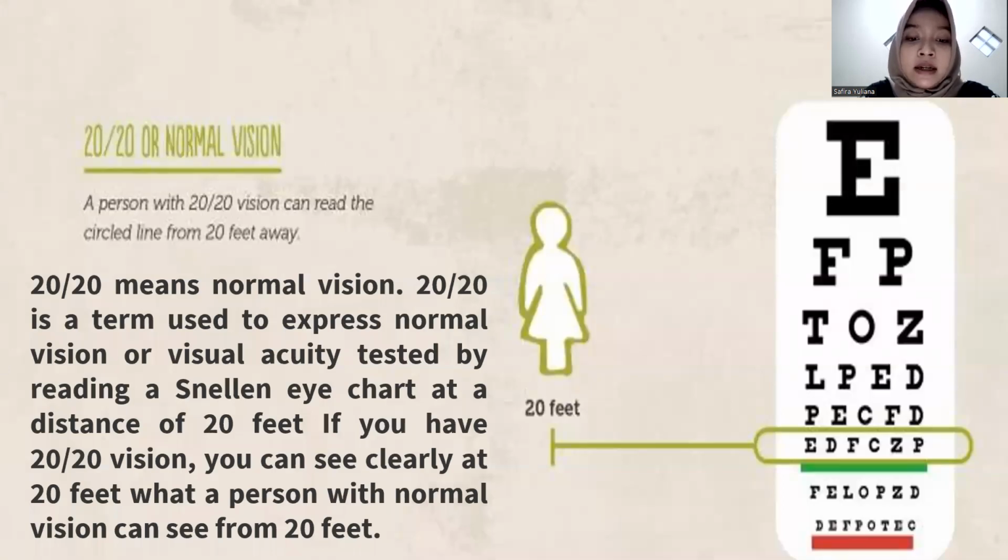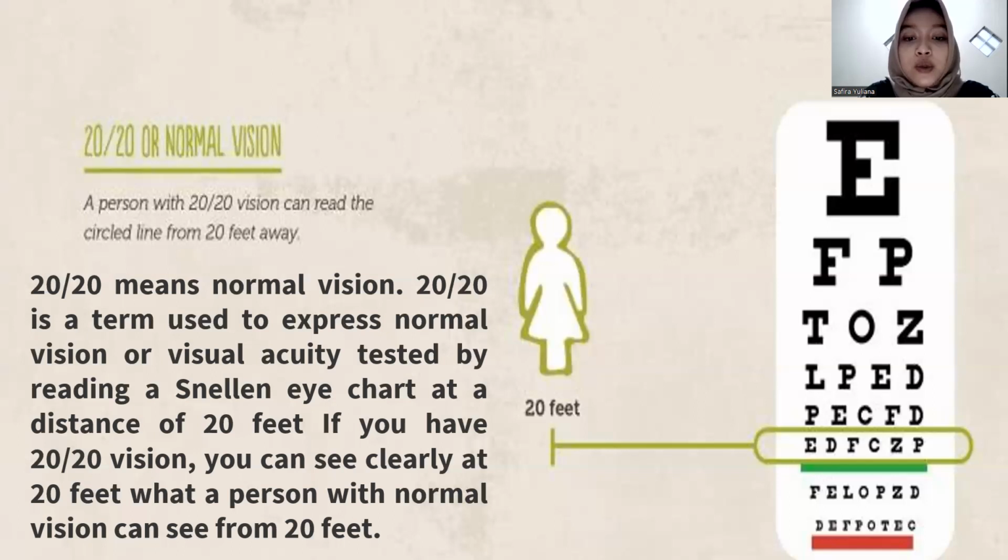You have probably heard the saying, I have normal vision. But what does that really mean? As you can see in the scenario, 20/20 means normal vision. 20/20 is a term used to express normal vision, or visual acuity, tested by reading a Snellen eye chart at a distance of 20 feet. If you have 20/20 vision, you can see clearly at 20 feet what a person with normal vision can see from 20 feet.